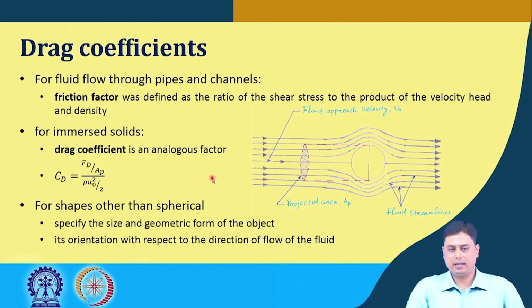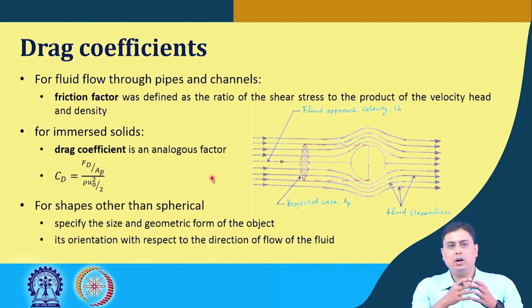Similar to that concept, which was applied for flow through conduit, flow through pipe, flow over a flat plate. Now the scenario is that either the solid is suspended or there is stagnant fluid and the solid particles are moving. So basically the fluid and particle interaction is involved.